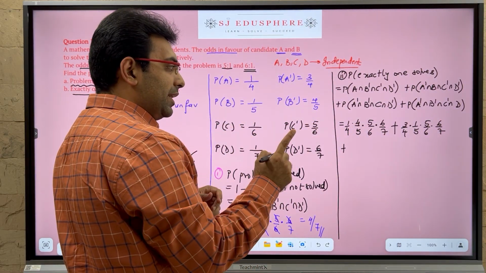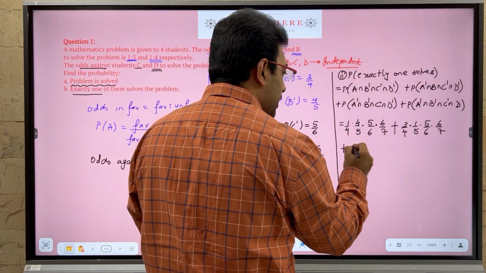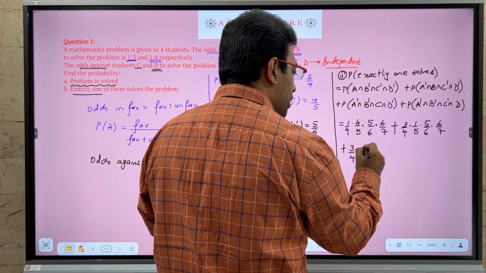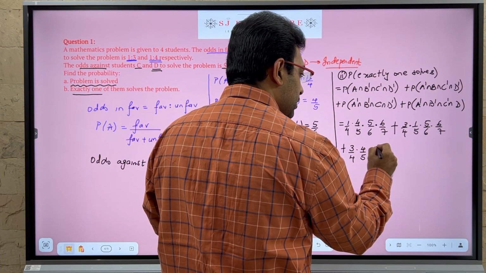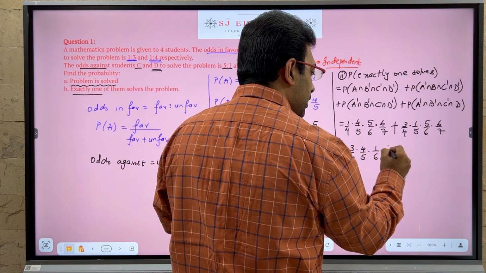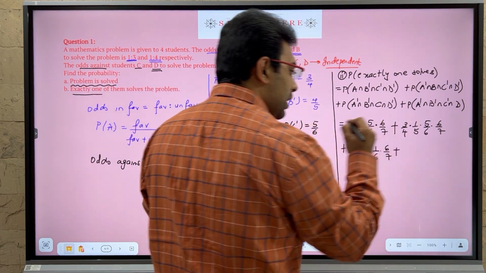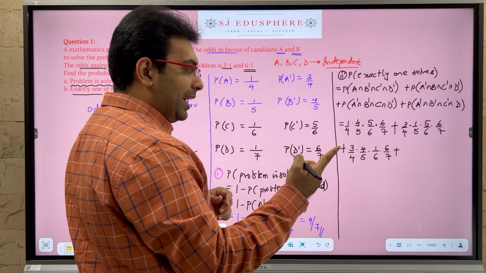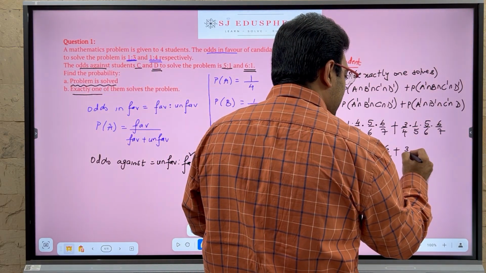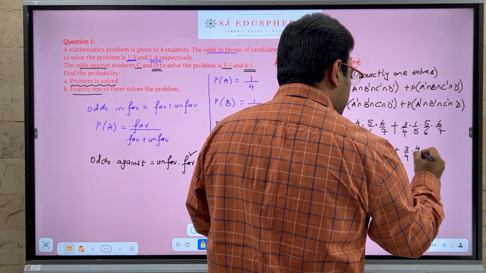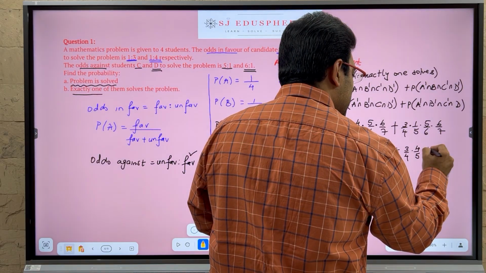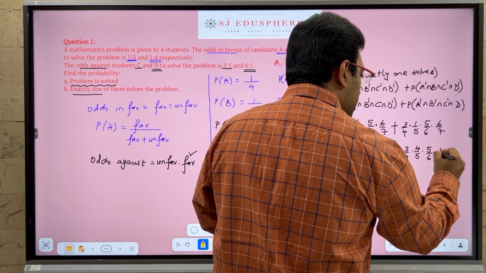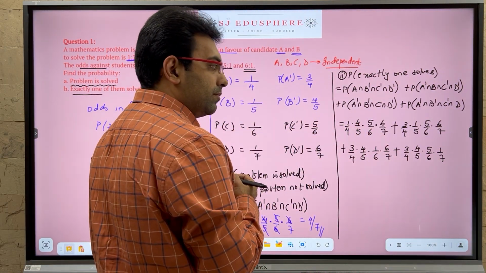Similarly, now only C solves. That means A does not, B does not, C solves, D does not. Last one, D gets the right answer. That means A does not, B does not, C does not, but D gets the right answer.